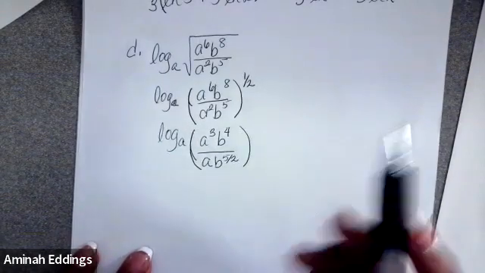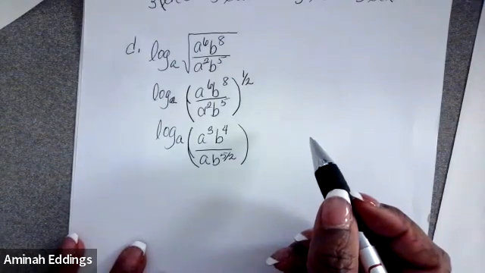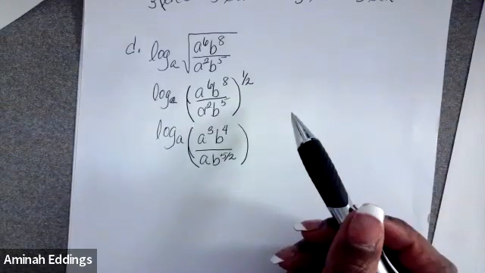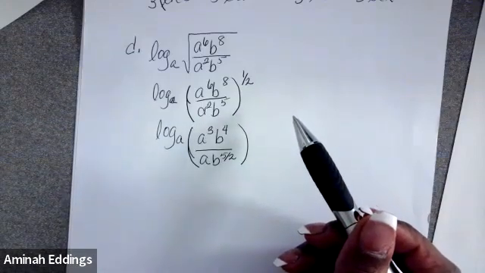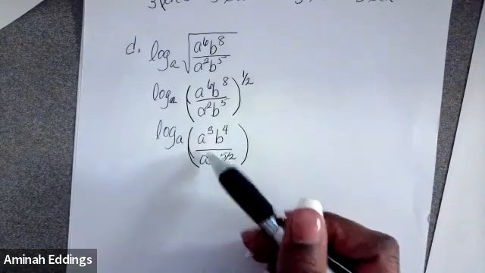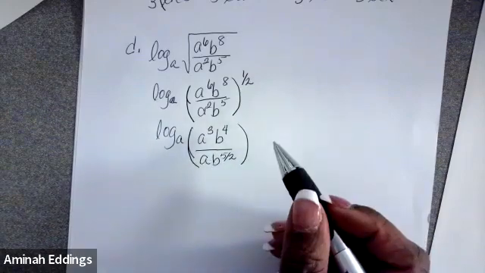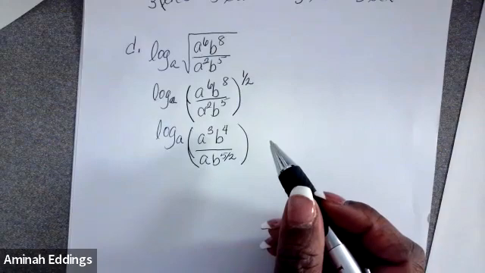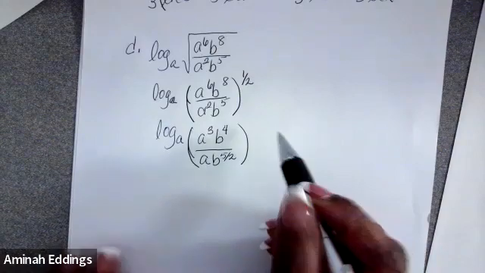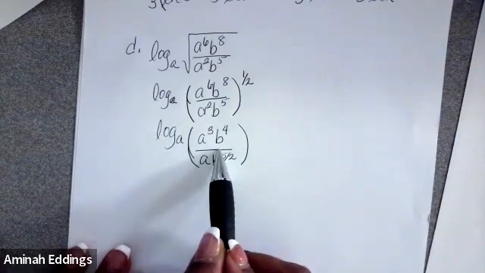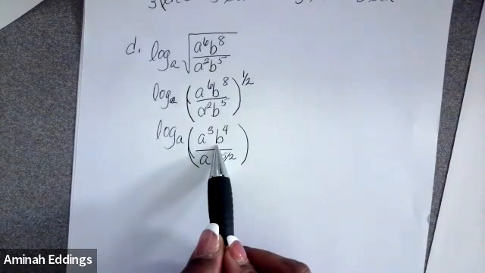All right. Now, what do you think we should do? Could you divide the A's and B's next and then subtract the exponents? We could, however, generally what we do is we just expand from here.